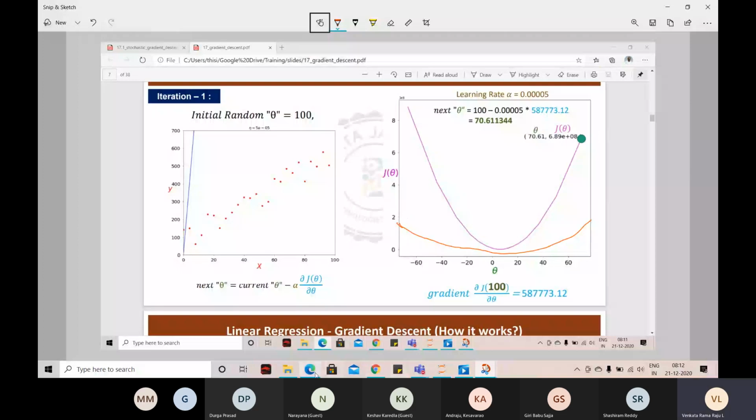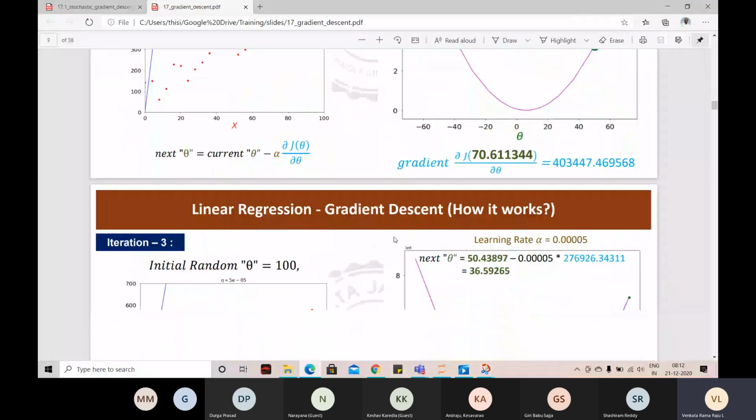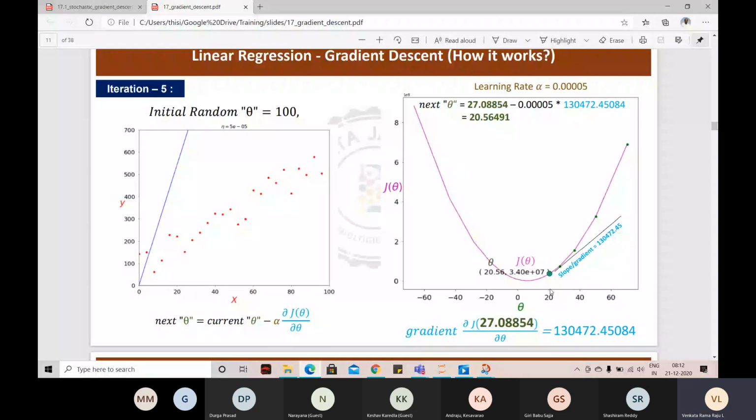Any guess? Let me ask you one more question. What is happening here? Once theta reached this place, what is happening there?